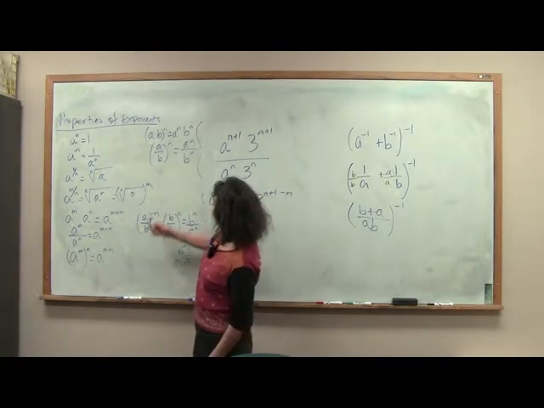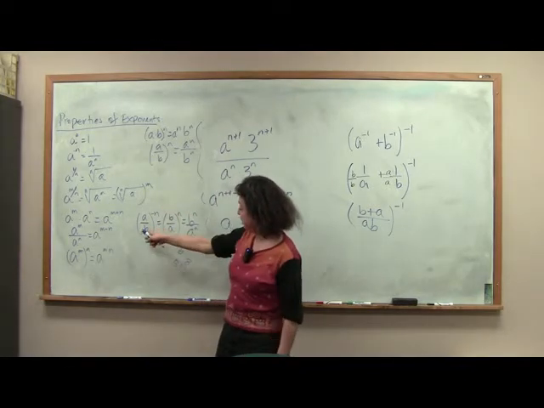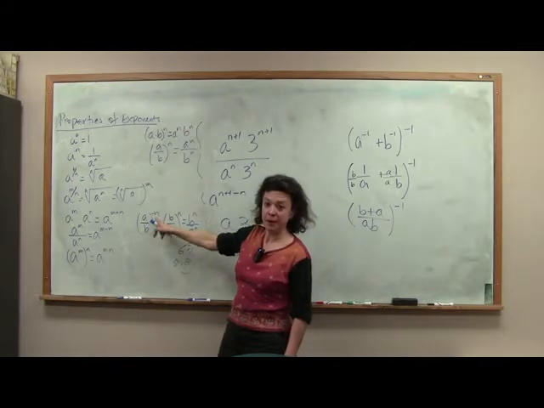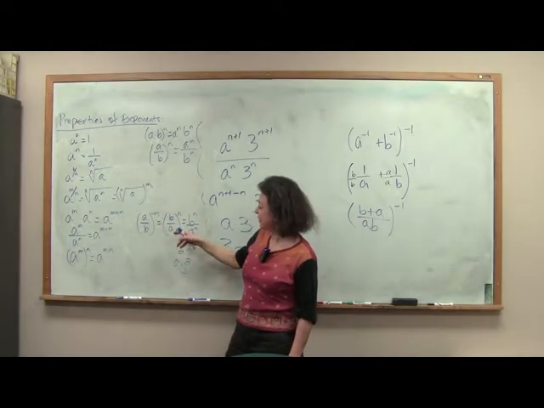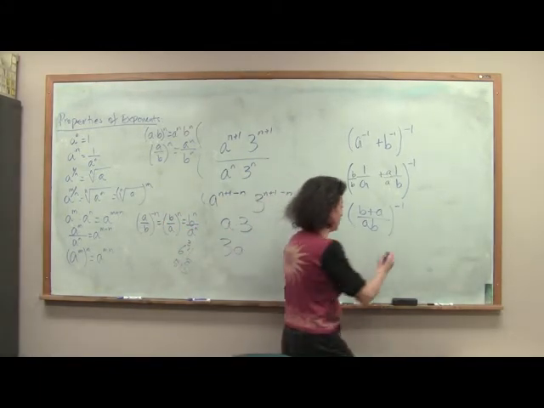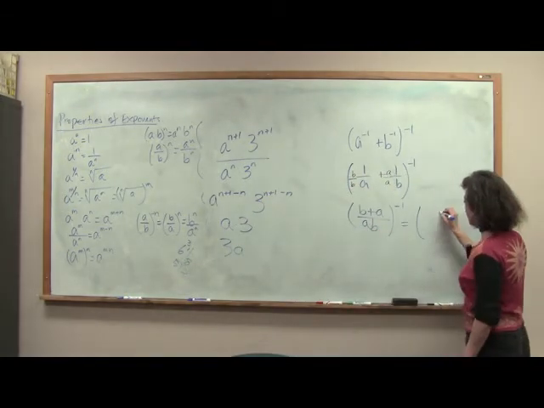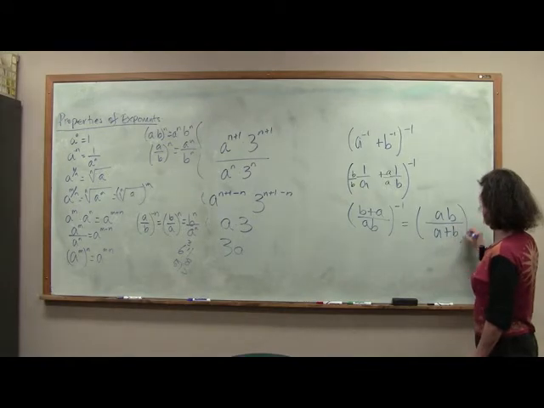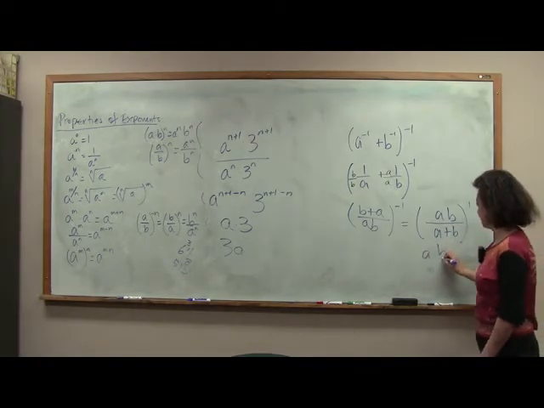Well, we can go over here to our properties of exponents, that when you have a over b to the negative nth power, that's the same as b over a to the positive nth power. In other words, I can write this as ab over a plus b to the first power.